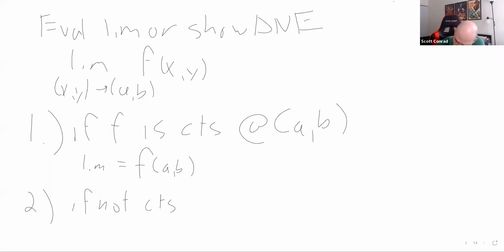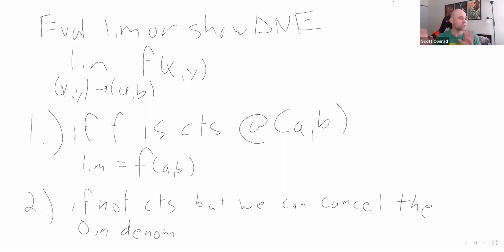So it could possibly be not continuous. But we can cancel the 0 in the denominator, which makes it not continuous. Then cancel, take the limit. Let me explain. If you're left with a continuous thing, then you do it.